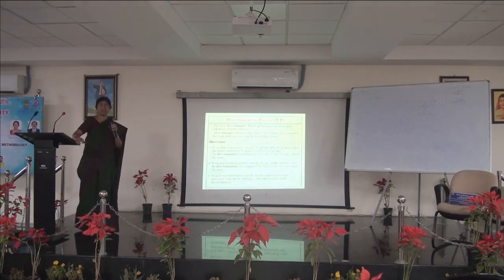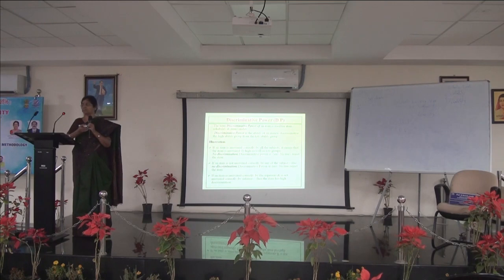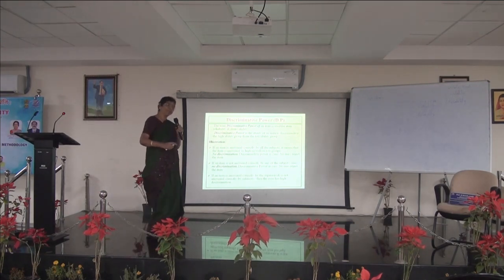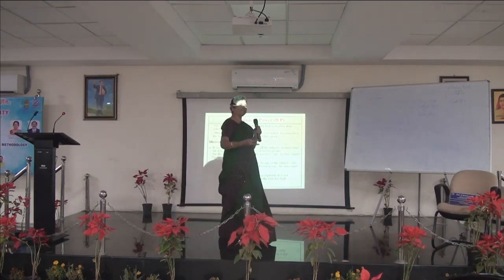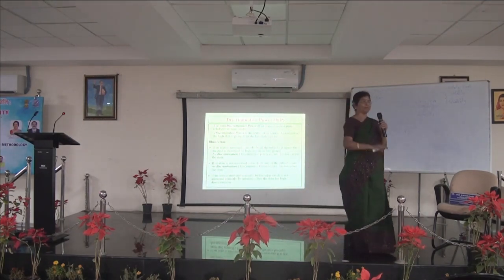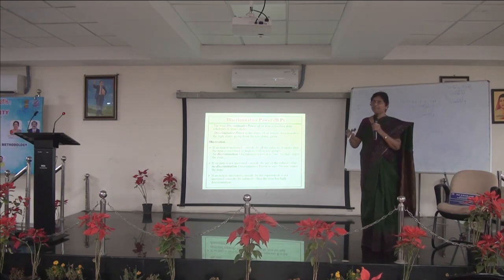What is discriminative power? I just said it simply. What is meant by discriminative power? It is the ability of the item to discriminate the high group from the low group. Very good.